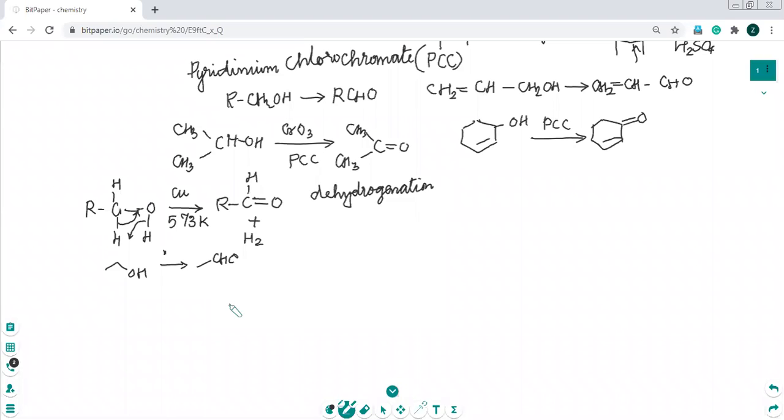Just a couple of other sources we have to study. Oxidation reaction, if you look at addition reactions, yes.